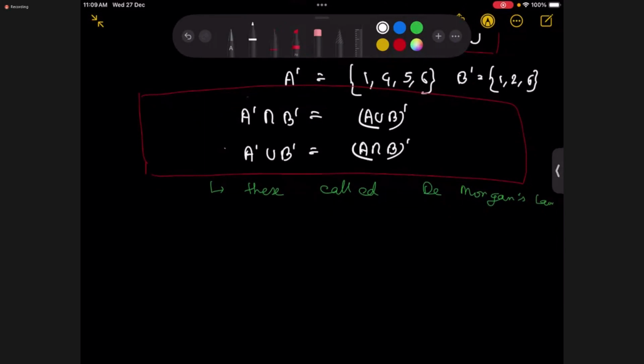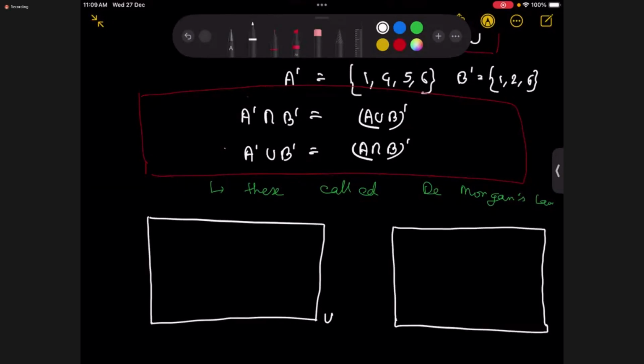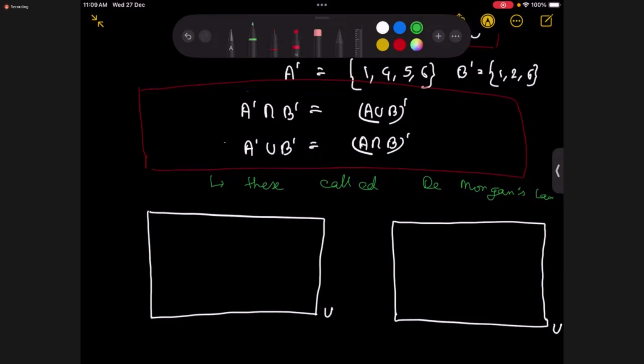So let us draw this. This is our universal set. We have defined that we represent our universal set with a square or rectangle. This green is our A, and this blue is our B. Okay.